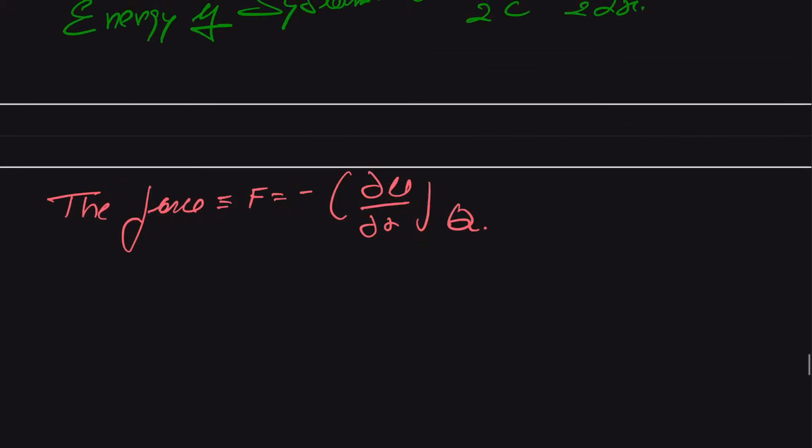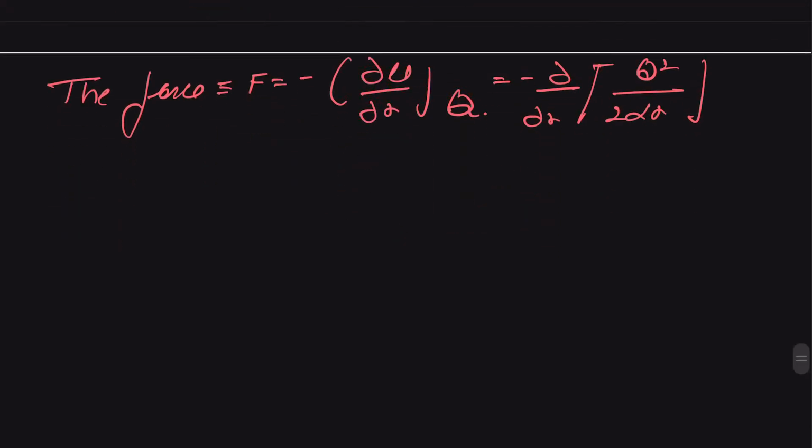And we substitute the value of U. So we get this as a negative partial derivative, and U is Q squared upon 2 alpha X. And from here we get that the force will be equal to Q squared upon 2 alpha X squared.